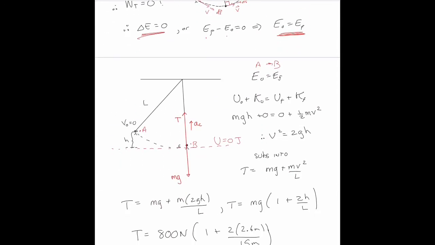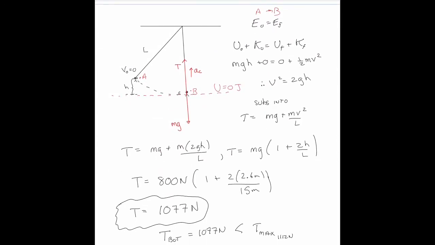So I redrew the same picture. Here's where we started on the cliff. I'm going from A to B. I wrote each energy term, potential plus kinetic. Here's my reference point at the lowest point. So initial potential energy is mgh. Kinetic is 0, because we start from rest. Final potential is 0 at the bottom. Final kinetic at the bottom is 1/2 mv squared. The mass of Tarzan drops out. So that gives me speed squared at the bottom.